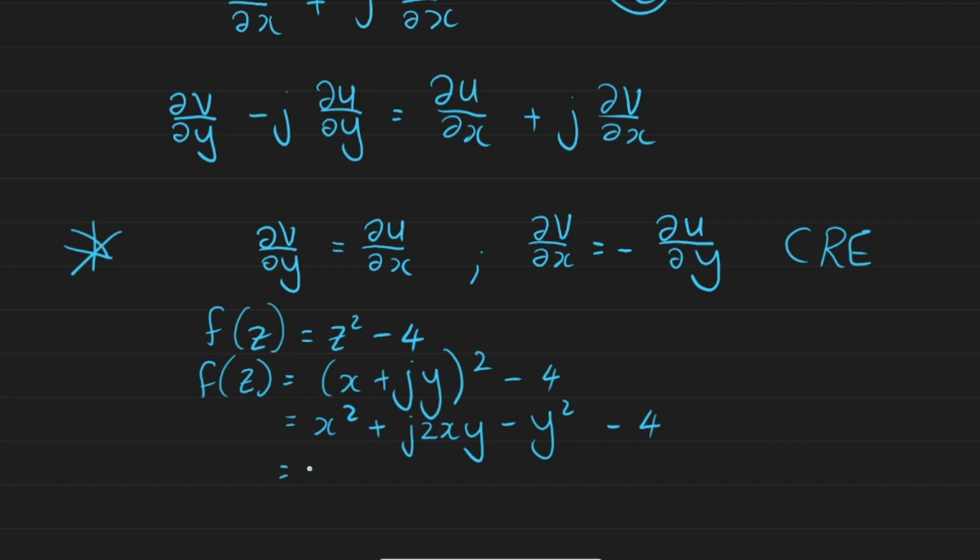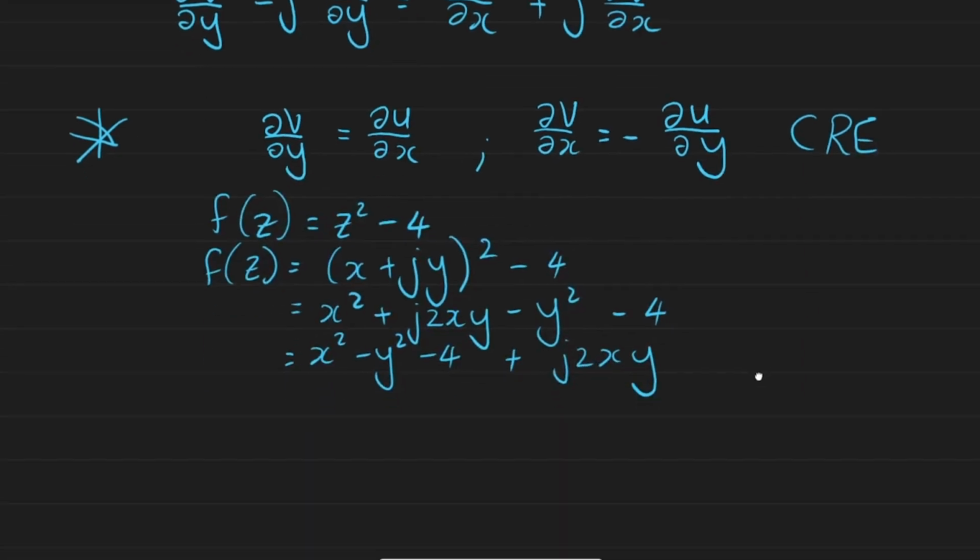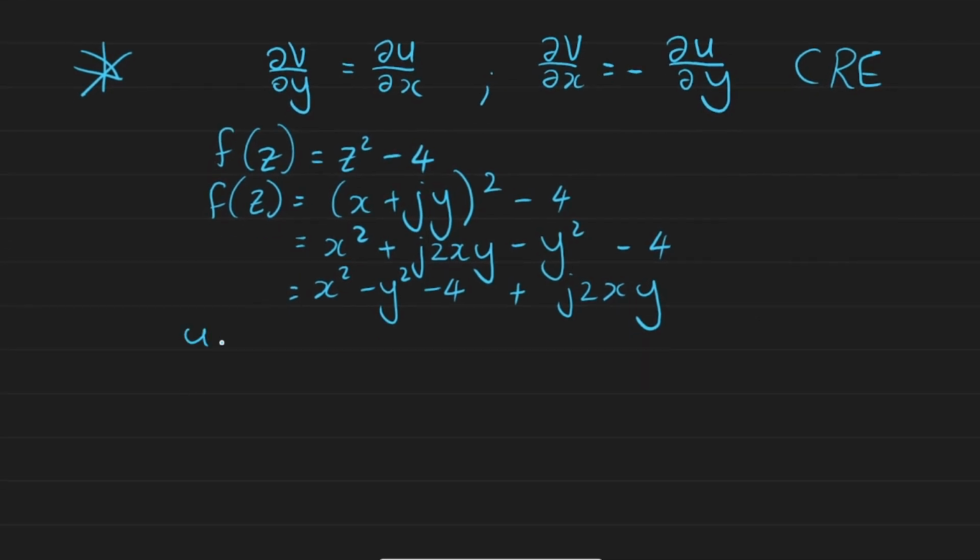Grouping the real and imaginary terms, we get x squared minus y squared minus 4, plus j 2xy. So that means u is equal to x squared minus y squared minus 4, and v is equal to 2xy. So we can take ∂v/∂y, which is just 2x. This should equal ∂u/∂x.